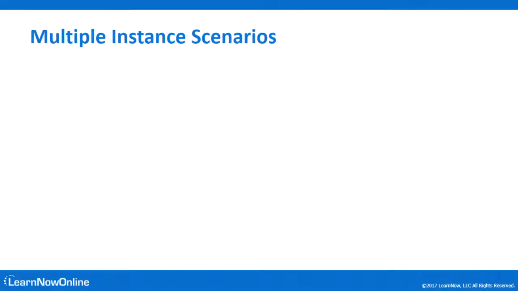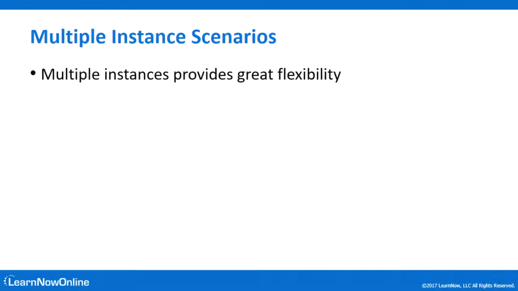Now let's talk a little bit more about multiple instance scenarios. Because implementing multiple instances of SQL Server gives you great flexibility in the kinds of SQL Server applications that you can develop and distribute. So a few examples. One is that you can continue to run existing applications on earlier versions of SQL Server side by side with a SQL Server 2016 server on the same machine at the same time.